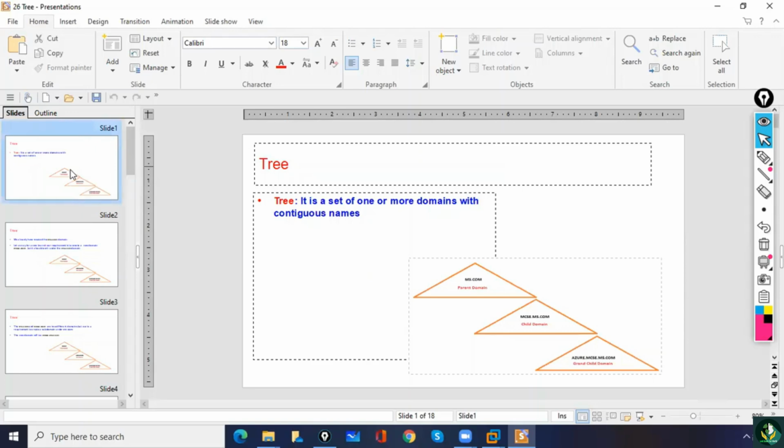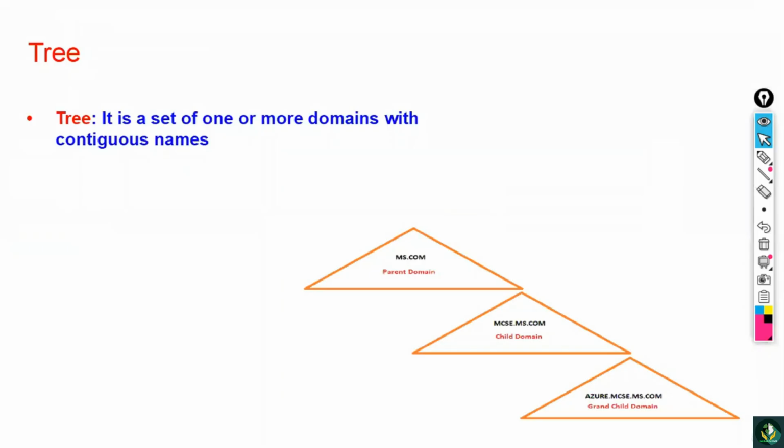Let us try to understand what is this tree. So guys, tree, it is a set of one or more domains with a contiguous name. Let us try to understand the meaning of this sentence.